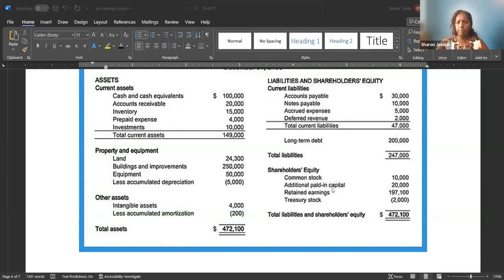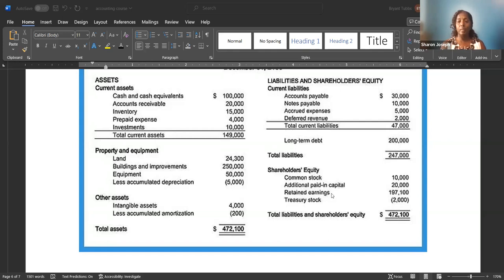Now, let's go back to retained earnings. So retained earnings is basically what is left in your business, right? This is all of the net profit that your business has generated over the years. Let's say that your income for the year is $100,000. Unless you take all of that money out, you roll it over into the next year because your business is a going concern.